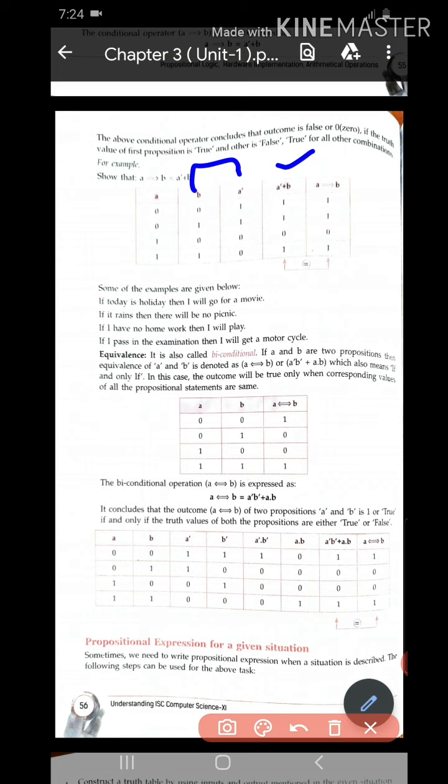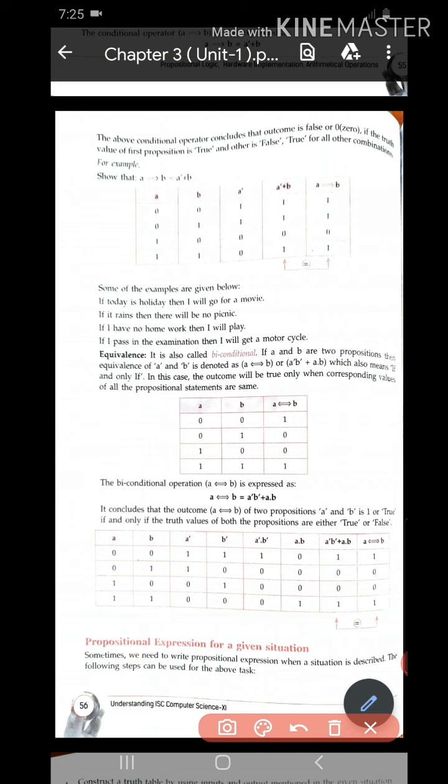See, in both the columns, B is 0, A dash is 1, means the answer is 1. Any one we are having, the answer is 1. B is also having 1 and A is also having 1, then the answer is 1. Both are having 0, then the answer is 0. If any of the conditions provides us 1, then the answer is 1.